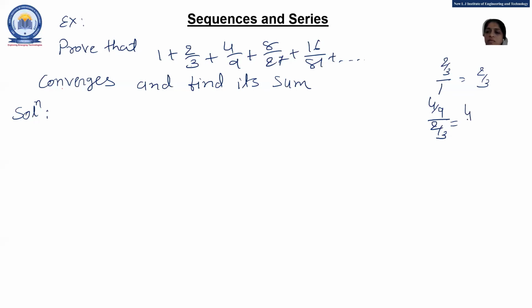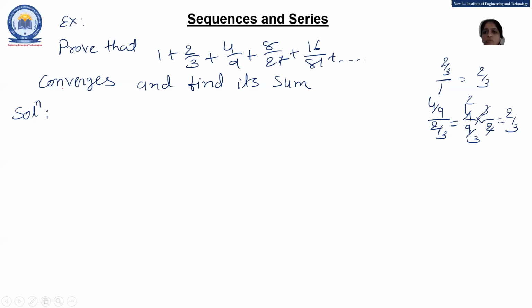So after simplification, I have here 4 by 9 and this is 2 by 3. So here 3 threes are 9 and 2 twos are 4. So again ratio is 2 by 3. Similarly, the ratio between the fourth term and third term, if you simplify, is also 2 by 3.